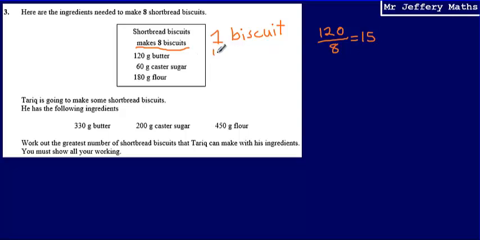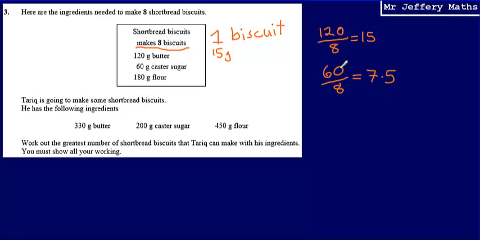So I'm going to need 15 grams of butter. Then, to work out how much sugar I'm going to need, I need to do 60 divided by 8. Now, this is a little bit trickier. Maybe some of you can already spot that it's 7.5.